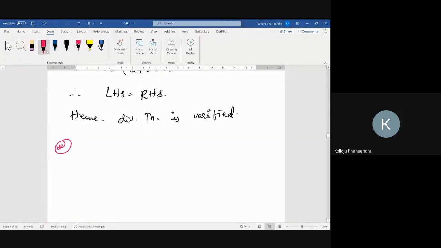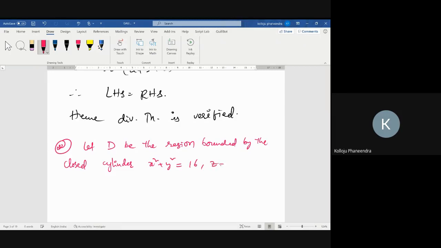Let D be the region bounded by the closed cylinder x square plus y square equal to 16, z equal to 0 and z equal to 4.